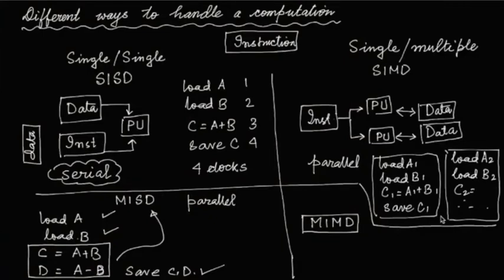In practice, you have to load it from the same memory, so it depends on how the memory is distributed, which we'll discuss. Depending on that, it may happen that this loading part is happening in serial mode. So part of the program will be serial, part of the program will be parallel.